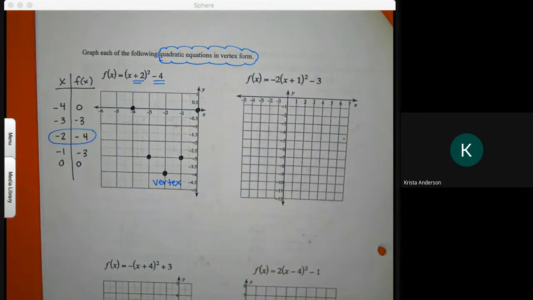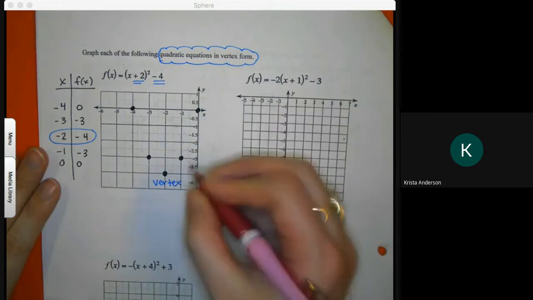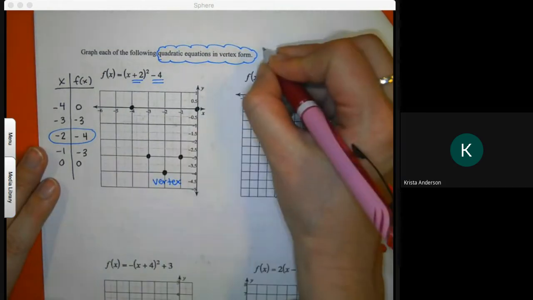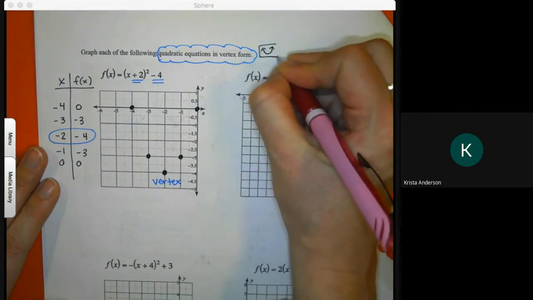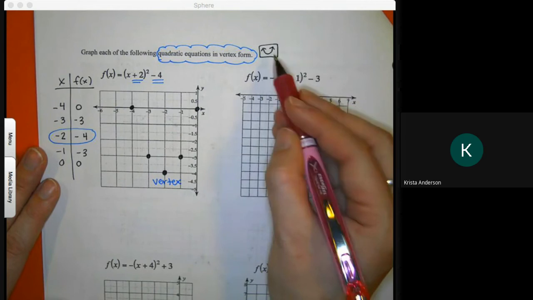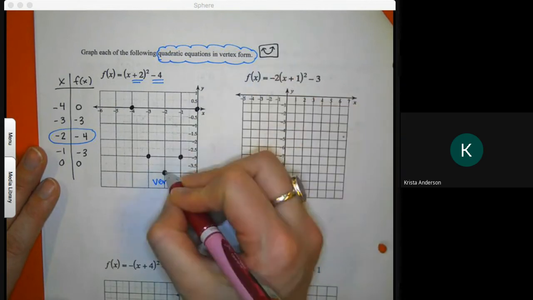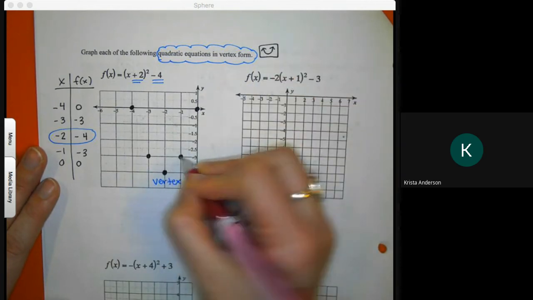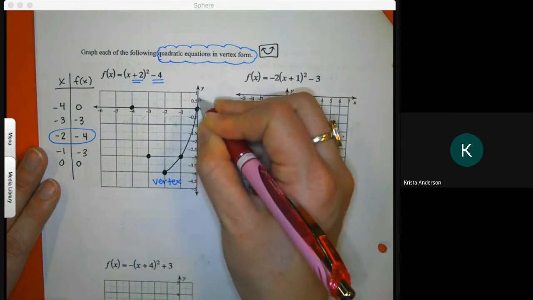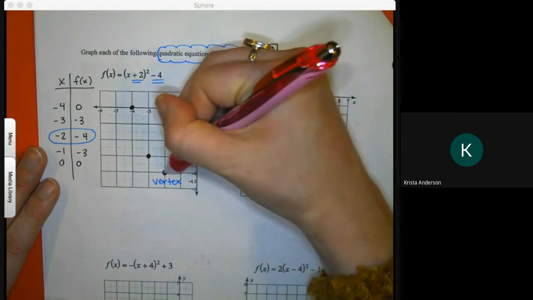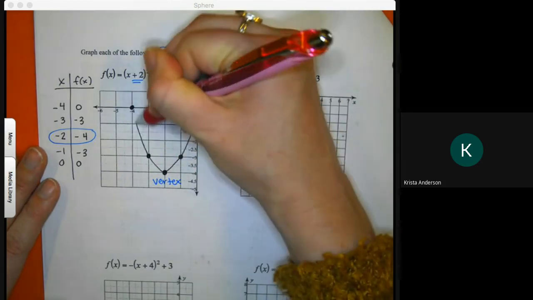I have to click on all 5 points, and then I have to use the U-shaped button, the parabola. When I use that button, I click my vertex and a second point, and it should autofill your U, the parabola.